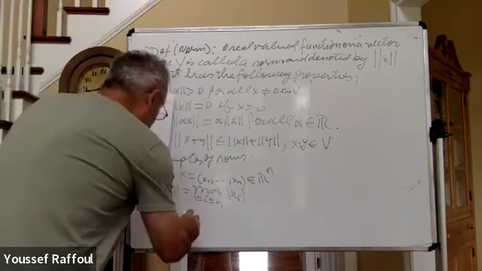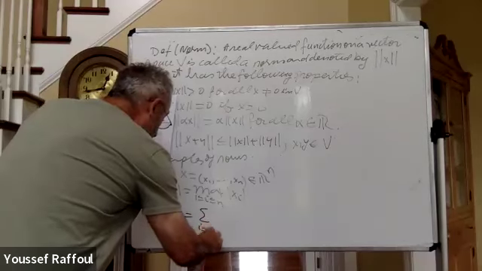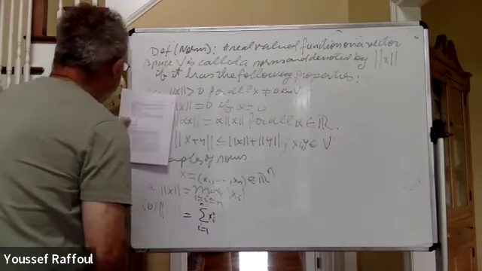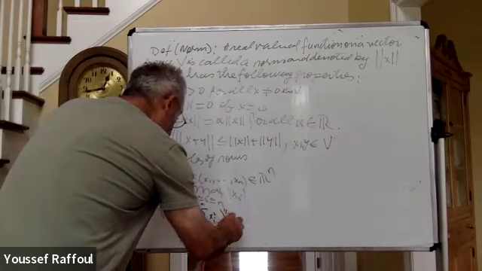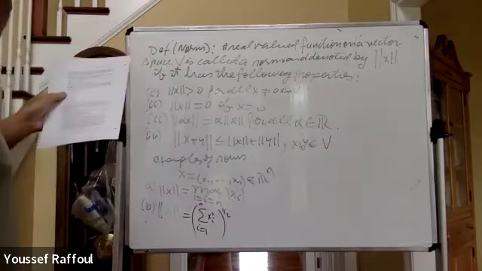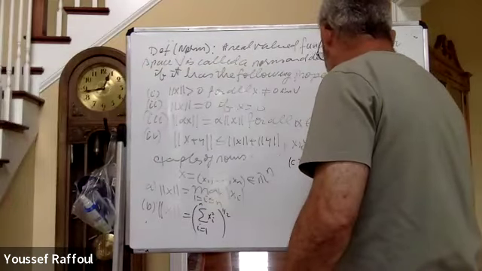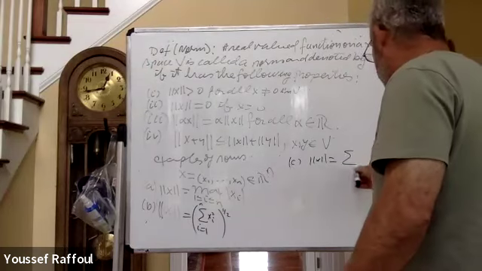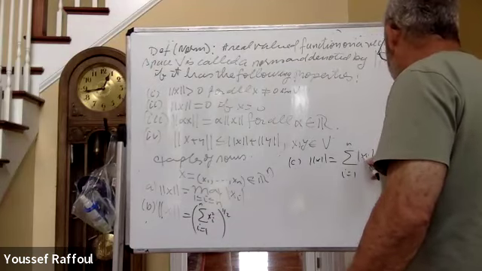And this one is the sum from i equal 1 to n of x_i squared, raised to the power 1/2, and C, the norm of x is the sum from i equal 1 to n of the absolute value of x_i.